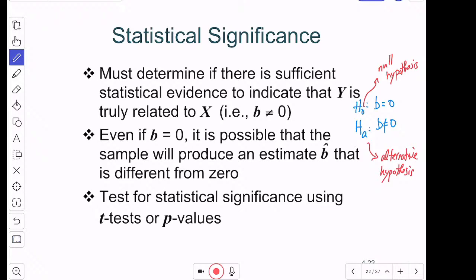So that's where we put the b equals 0. Our approach is to make a statement that there's no effect, and then we have to look for evidence that that's wrong. So the approach is we assume B is 0. So even if B is 0, is it possible that the sample will produce an estimate B hat that is different from 0?